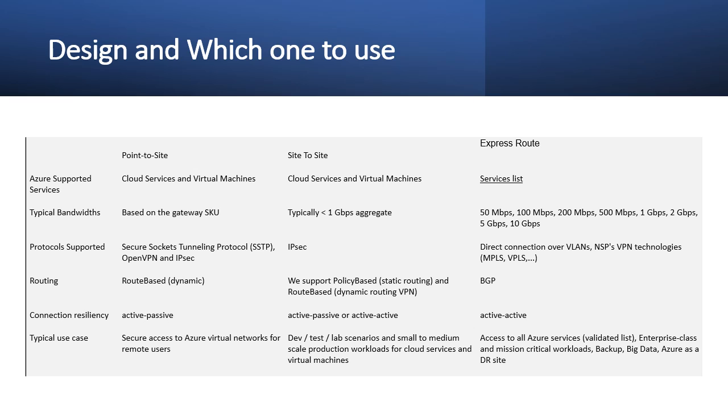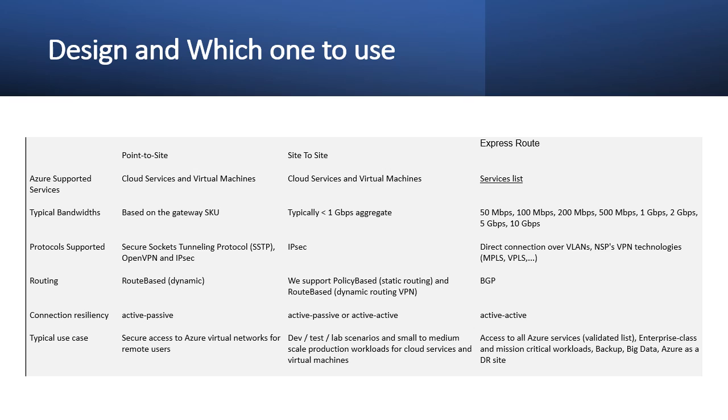As for protocols supported, it supports a number of protocols: OpenVPN, IPsec, SSTP, and there are further limitations on which devices, like Windows, Apple, can use them. We will discuss that in further slides, for which device you can use which protocol.